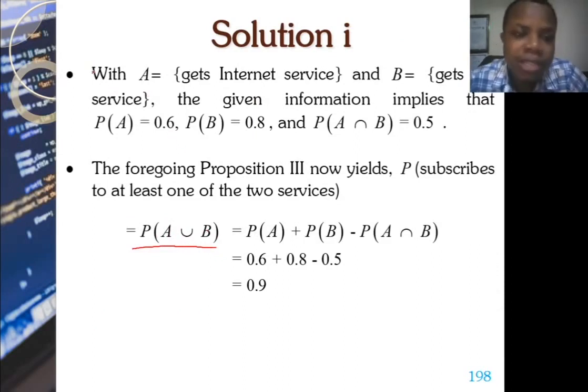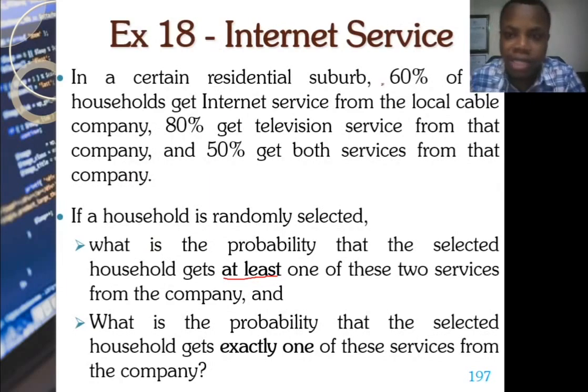Let's assume that we denote A to be an event where the household gets internet service, and B where the household gets TV service, and A intersection B is where the household gets both services. From the question, we know that about 60% of households get internet service from this company.